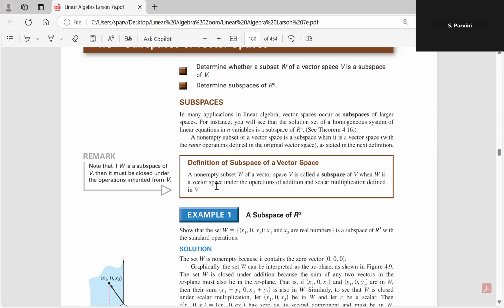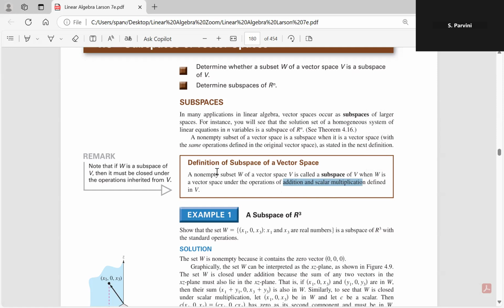Now, these two operations, addition and scalar multiplication, simply ensure that the subspace, that's W, remains a vector space itself. Okay. Now, we're going to come to a theorem pretty soon, which basically will state that.